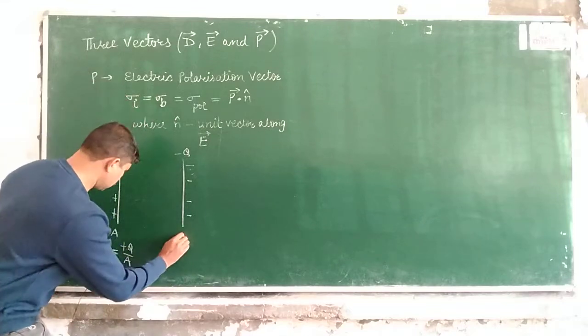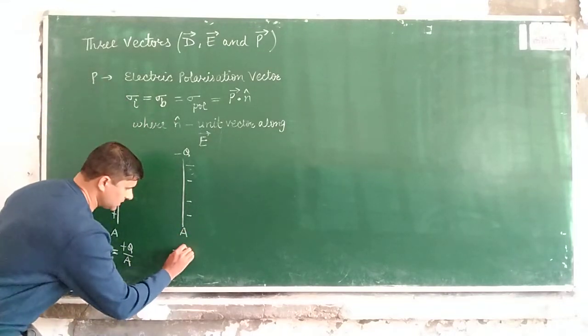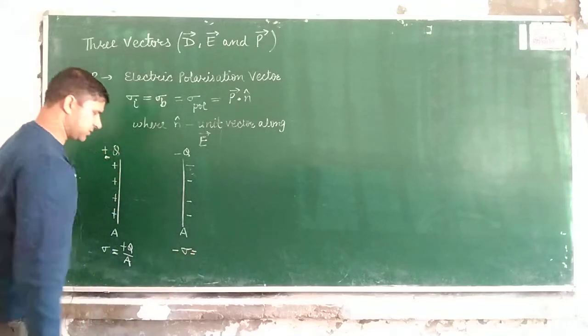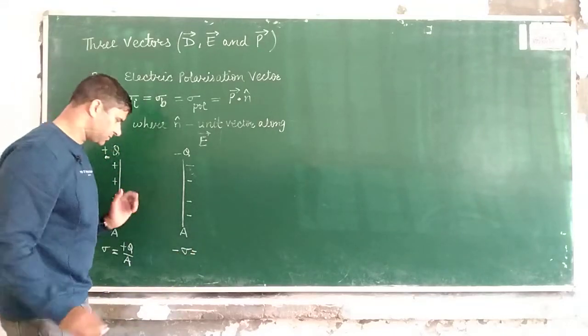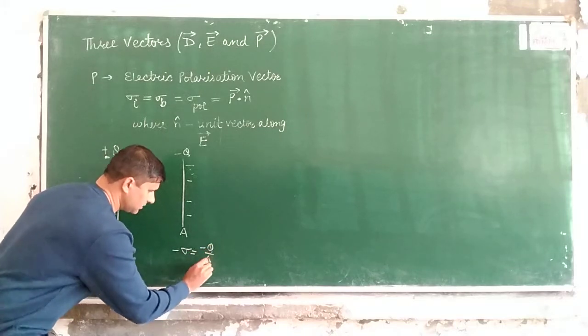Here the area again is A, so the negative surface charge density on this plate will be minus Q by A.